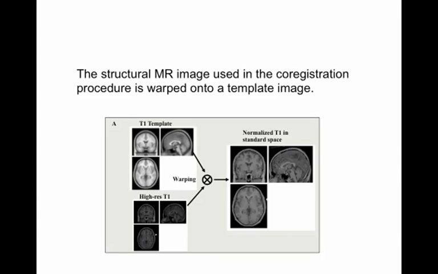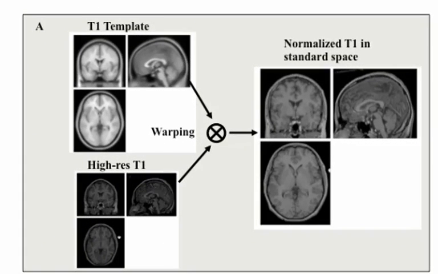The structural MR image used in the co-registration procedure is the one that we warp onto this template image. We have a T1 template, which is the target image in this procedure. And then we have a high resolution T1 image which has been co-registered to the functional images. That's the individual scan.